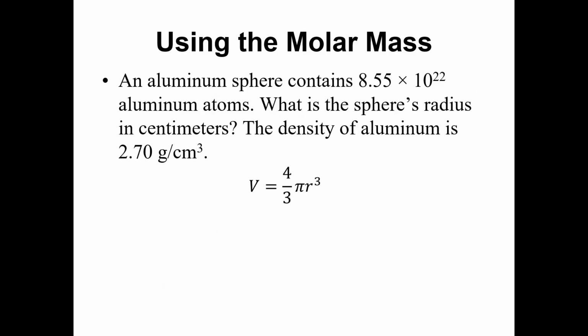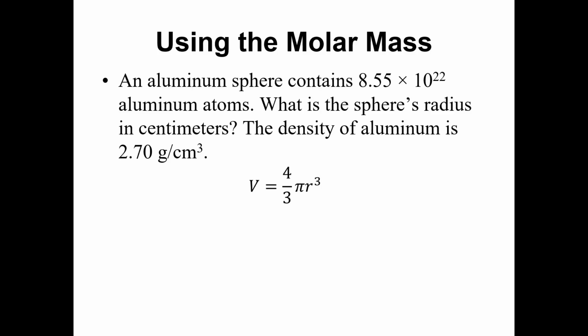Alright, let's make it difficult. This is one of the harder questions. I like putting hard questions on the exam where you have to really think about everything. Okay, so we have an aluminum sphere containing 8.5 times 10 to the 22 aluminum atoms. So we know the number of atoms. There's a conversion factor from atoms to moles, so we must keep that in mind. So what is the sphere's radius in centimeters?